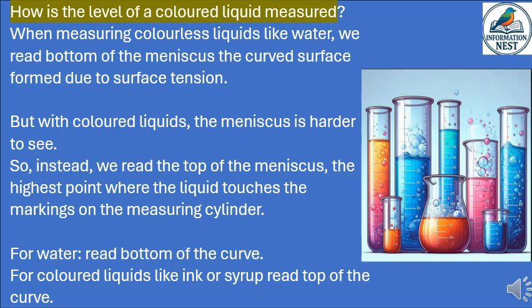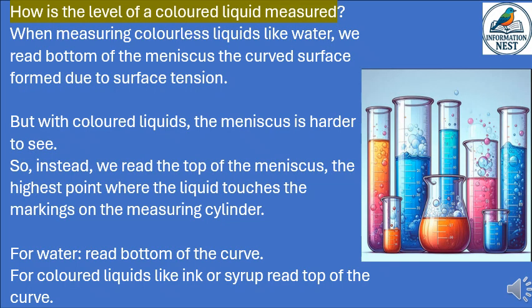But with colored liquids like ink, syrup, or potassium permanganate, the meniscus is harder to see. The color masks the curve, so we flip the rule. Read the volume at the top of the meniscus, the highest point where the liquid touches the markings. So water, bottom of the curve, mini smile.